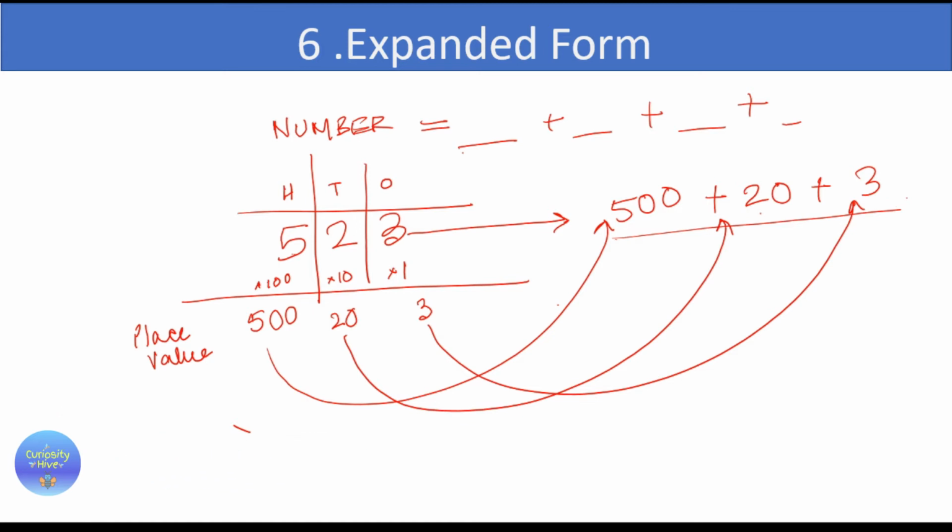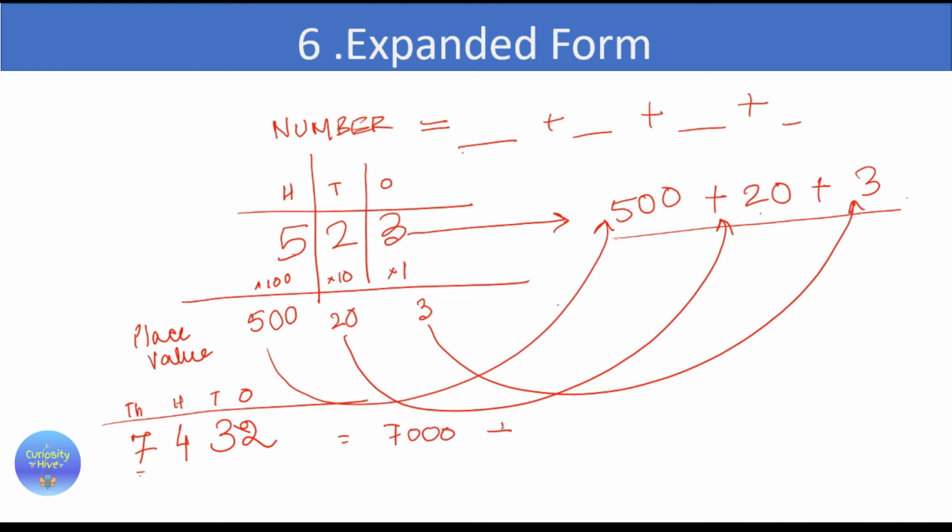Let's try one more. Let's try 7432. Well, remember 2 is in ones place, 3 is in tens place, 4 is in hundreds and 7 is in thousands. So the place value of 7 is 7000.